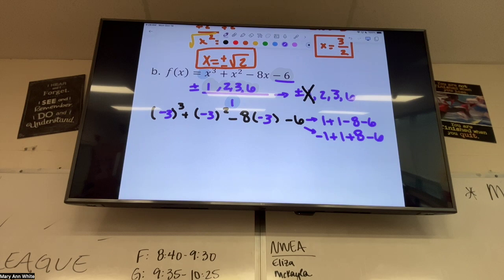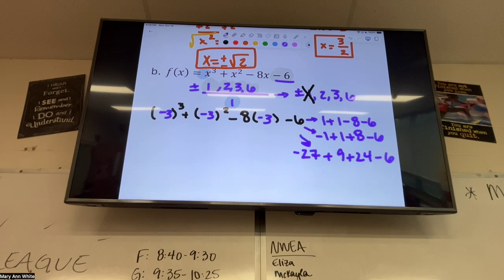All right, -3 to the third is going to be -27. -3 squared is 9. -8 times -3 is +24, and then -6. And this one you can throw in your calculator, -27 plus 9 plus 24 minus 6. Did that one work?